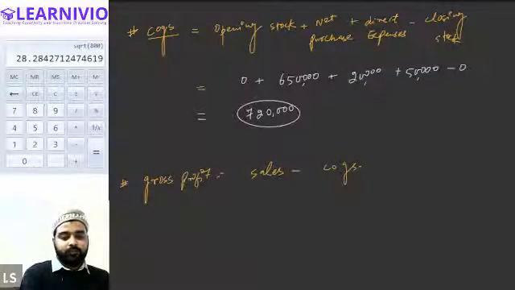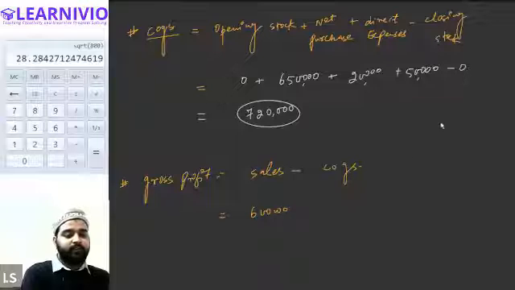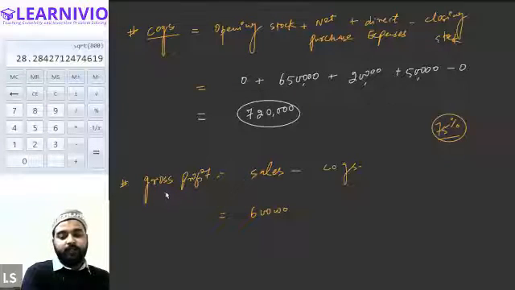So let me write this value. Value of the sales is 6 lakhs. This is the value of only 75% of the goods sold in the market. So tell me, for calculating the gross profit, we will have to reduce the value of the cost of goods sold from this value of the sales.